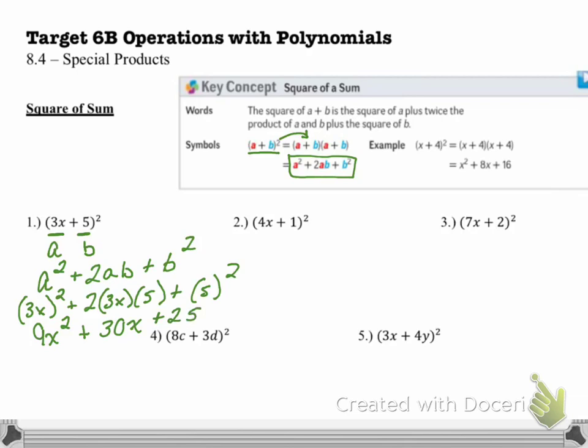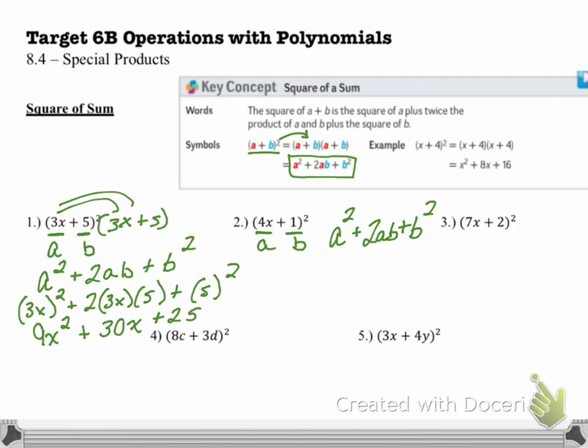And that's it. Basically it's a shortcut, instead of having to expand 3x plus 5 and then distribute and combine like terms. It's really convenient. Looking at number 2, I'm going to do the same thing. This is my a value and this is my b value. I always start by writing the formula because the more I write it, the more I'm going to memorize it, so I highly suggest that you do the same.